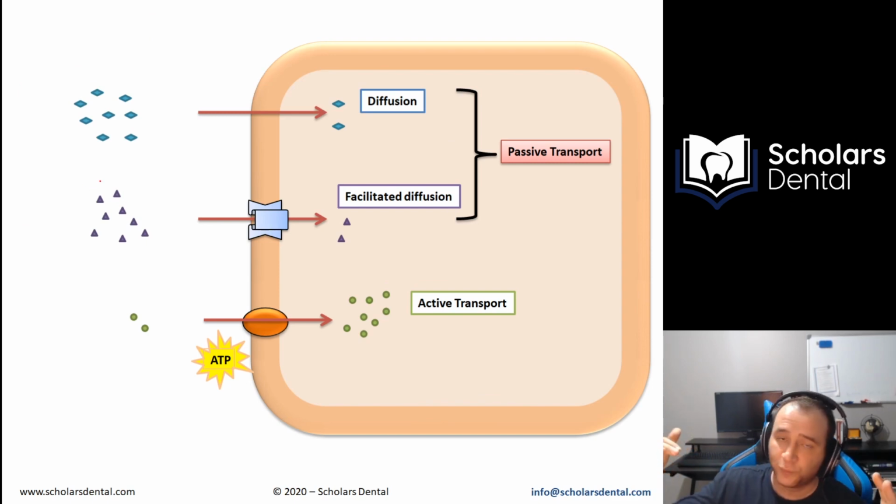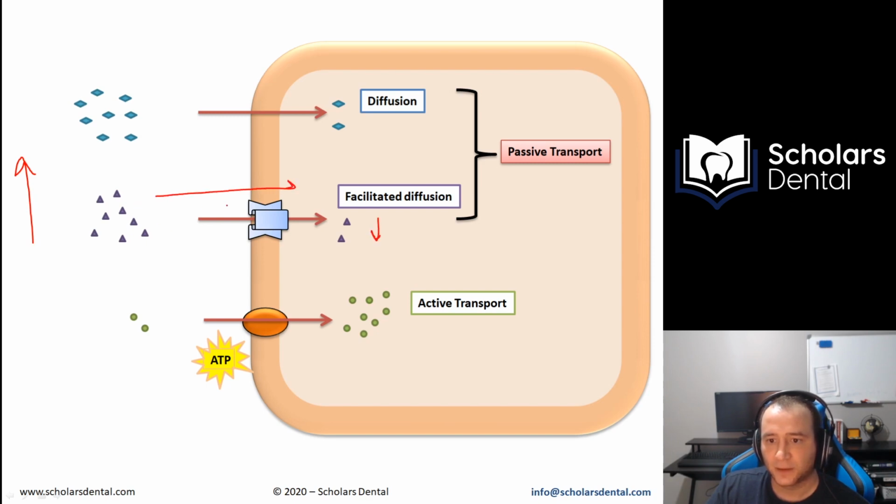The direction of movement of the molecules will follow the concentration gradient. So here is higher, here is lower concentration. The movement is this way, and these molecules will move this way. That means it doesn't need to use energy. It's going with the flow of the forces.